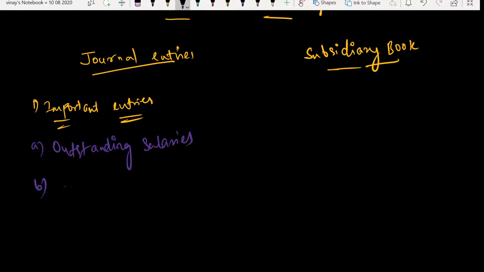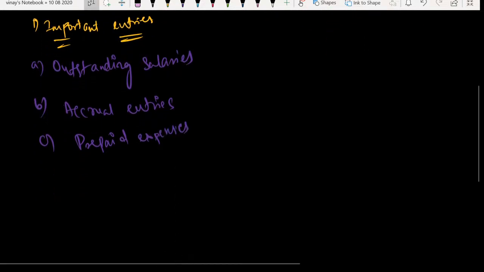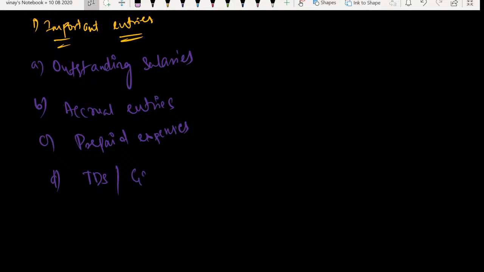Then accrual entries, prepaid expenses, then TDS or GST payables and prepaid GST payables. Along with outstanding salaries, these are the minimum entries which you have to remember.